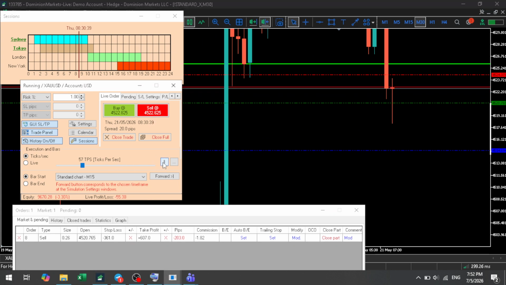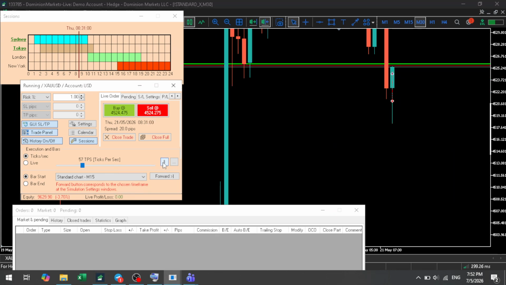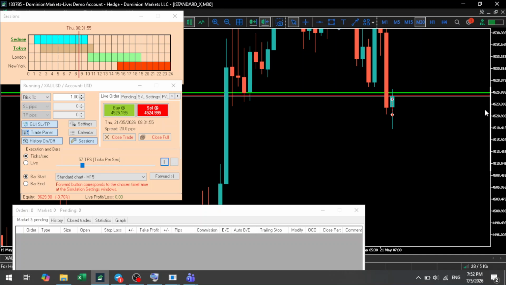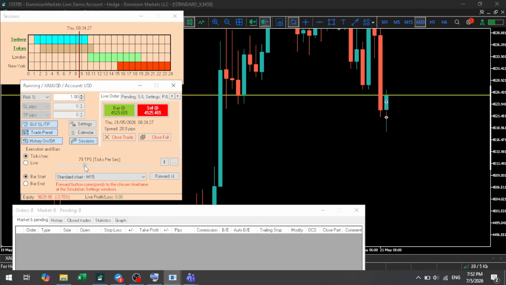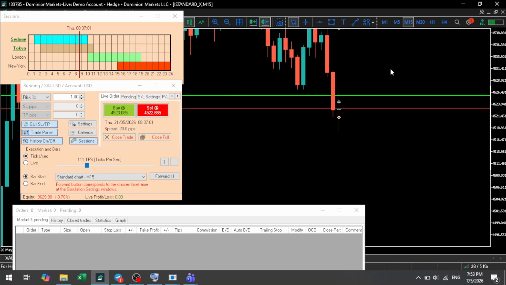Price is moving too fast, man. It should not have done this. What is it trying to do? Volatile candles everywhere.